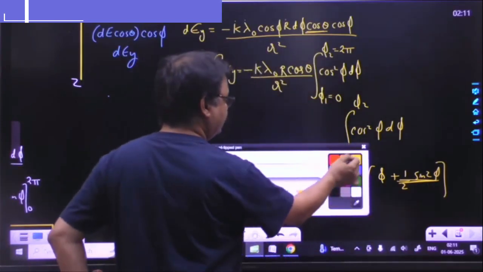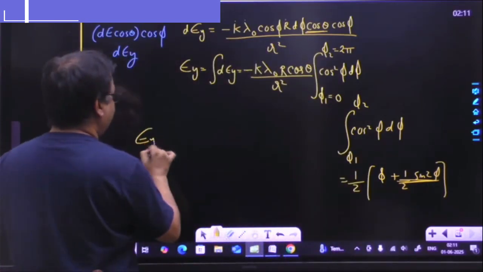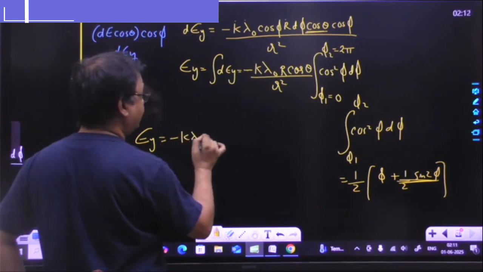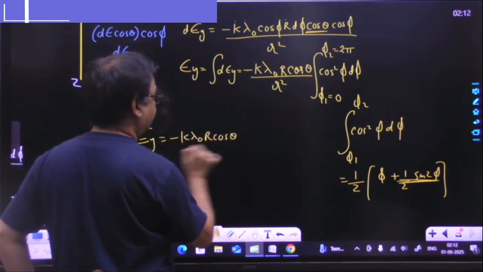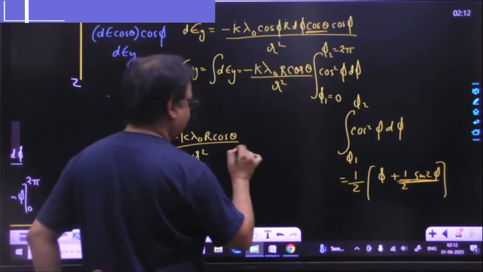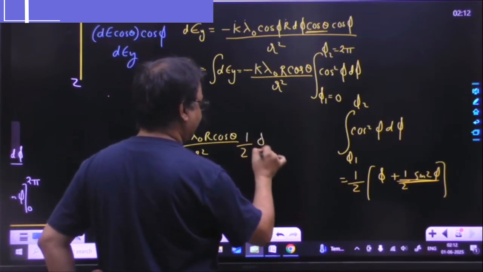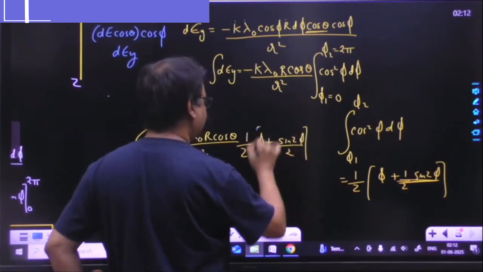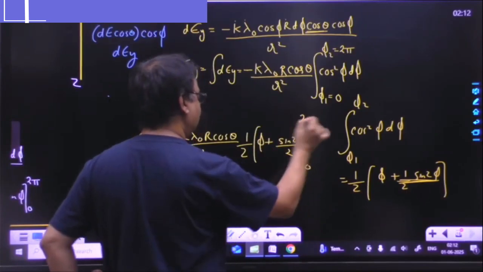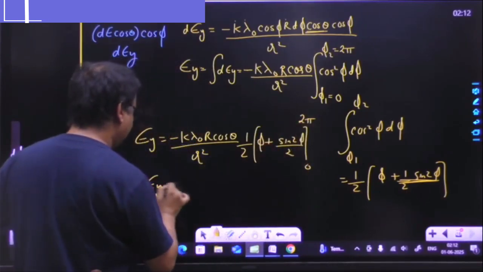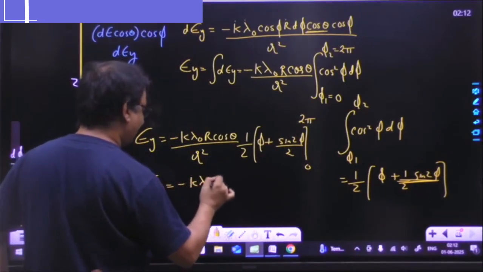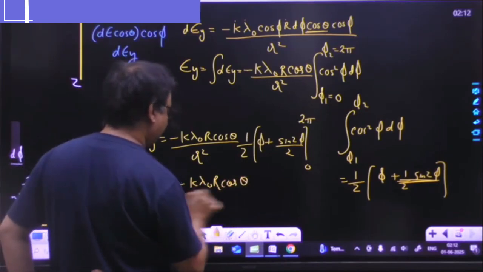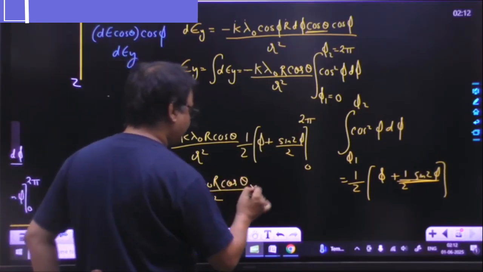So what can you write? Ey will be minus k lambda naught r cos theta divided by small r square, times half phi plus sine 2 phi by 2 within the limit 0 to 2 pi. So Ey will come to be minus k lambda naught r cos theta by r square multiplied by half.